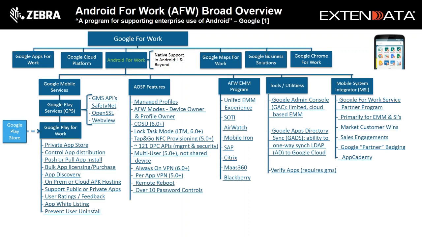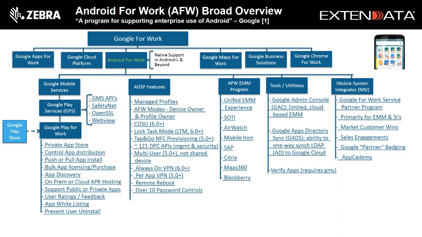So everybody understands, in the Android world, there's Android Open Source Project, and then there's Android with Google Mobile Services on top of it. So Android for Work is actually a term that Google uses. It's basically a marketing term. Android for Work, as the quote up on the subtitle says, is a program for supporting enterprise use of Android. By program, not software.